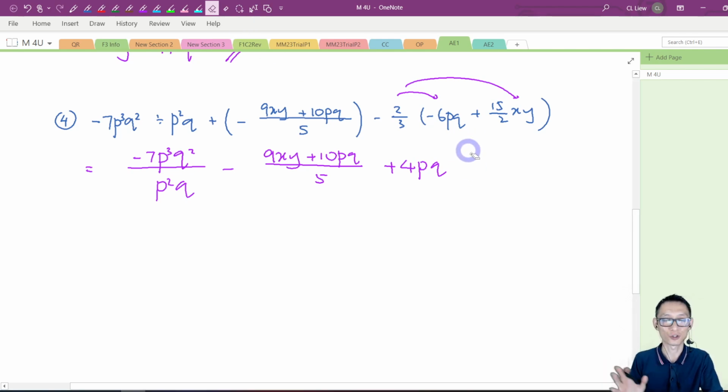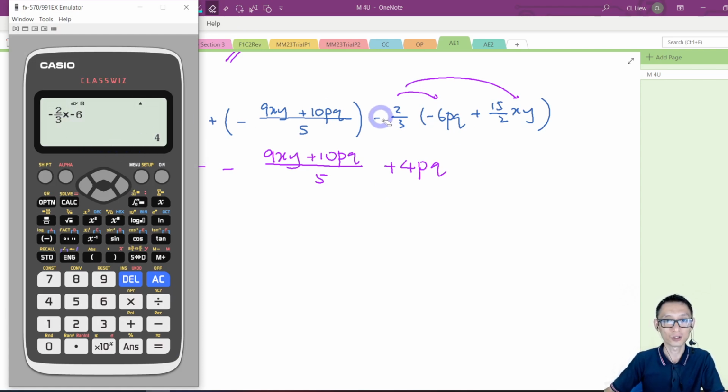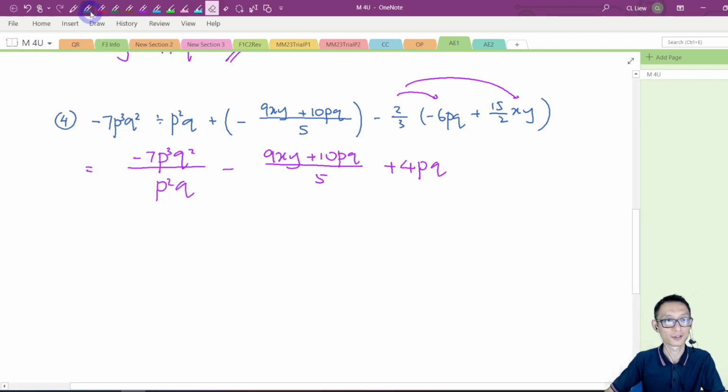Just don't write any sign first, and then press your calculator, include the negative sign. Negative 2 over 3 times 15 over 2. Okay, you will get negative 5, negative 5xy.